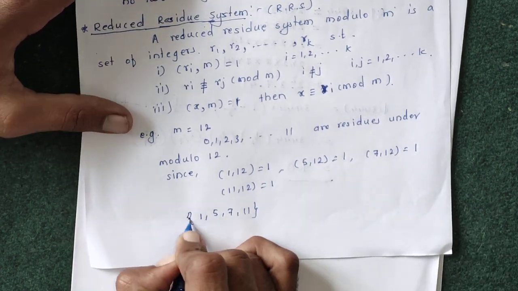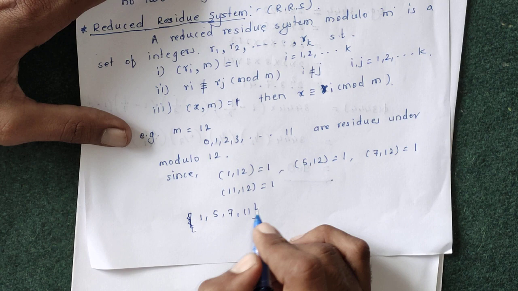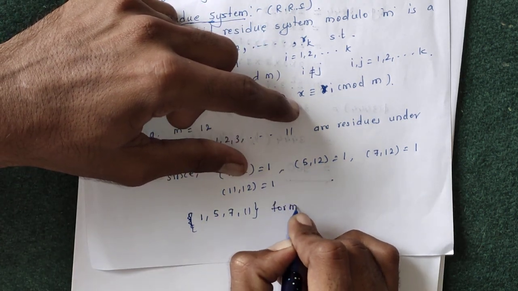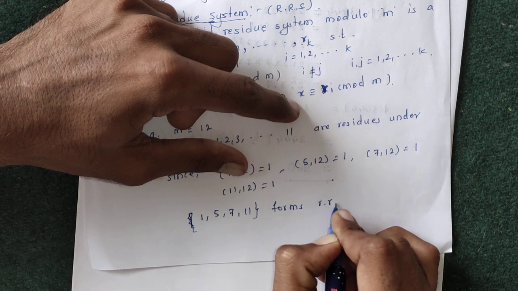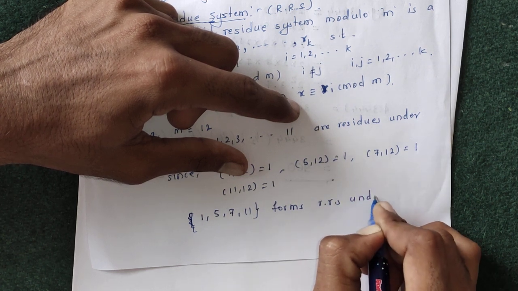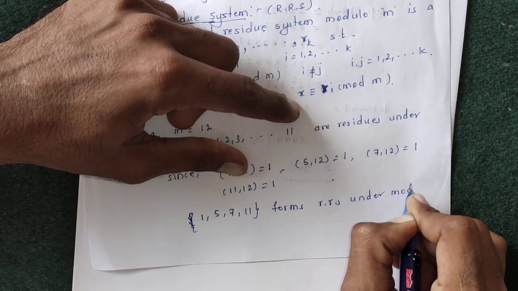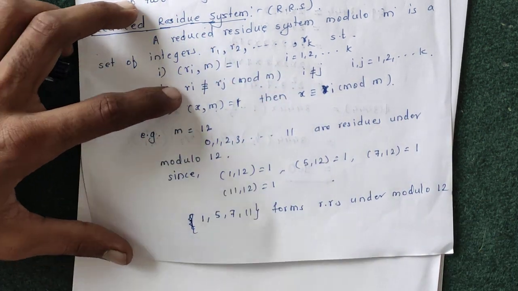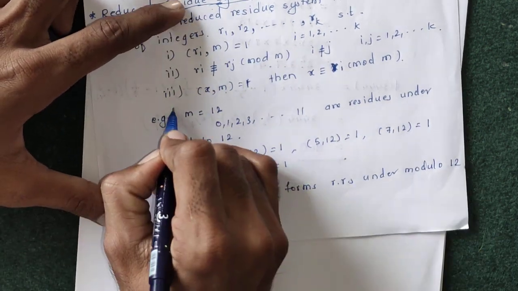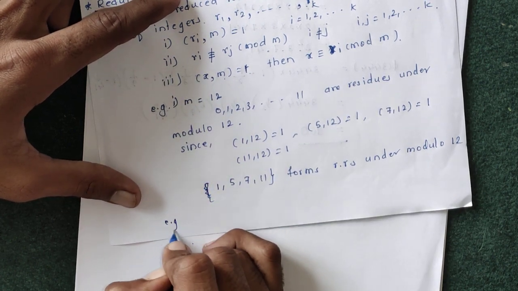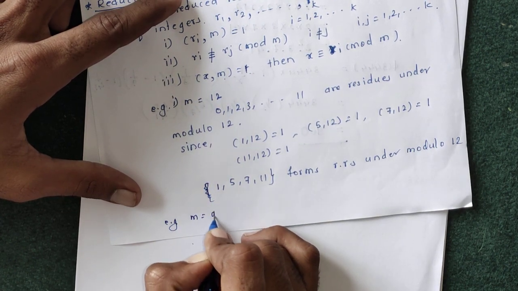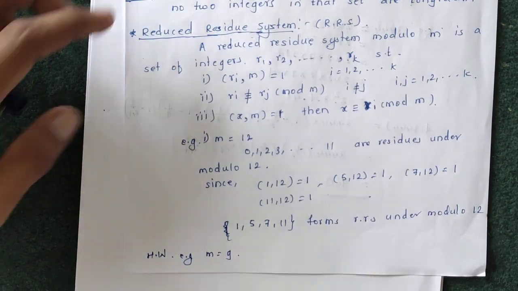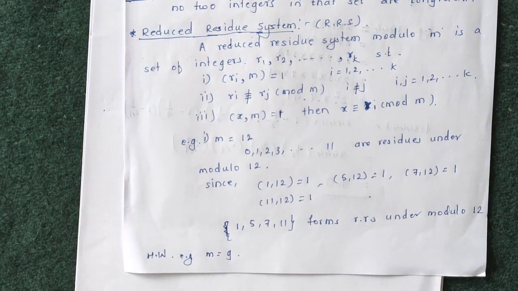So 1, 5, 7 and 11 form a reduced residue system under modulo 12. Second example: m equals 9. Finding the reduced residue system for m equals 9 is homework for you.